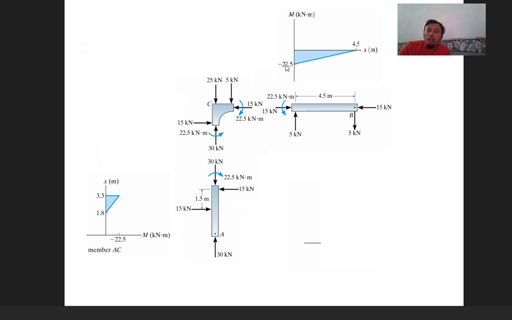And then here, you have a sudden drop, a steep, vertical drop of 22.5 due to this moment here, the internal bending moment, and then it will be reduced due to this force of 5 kilonewton times the length from 0 until 4.5. So the moment is increasing with the increasing moment arm up until 0, because you have no bending moment there.